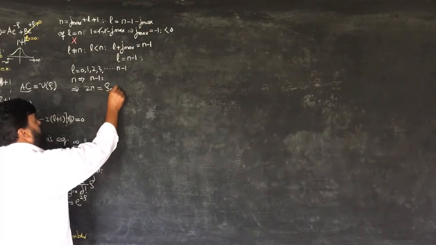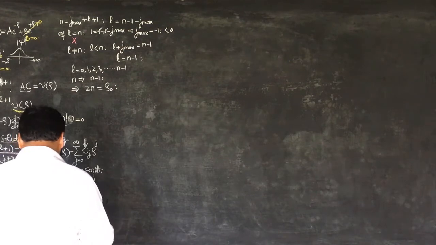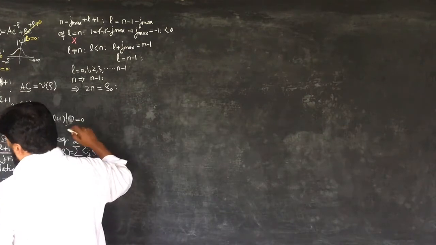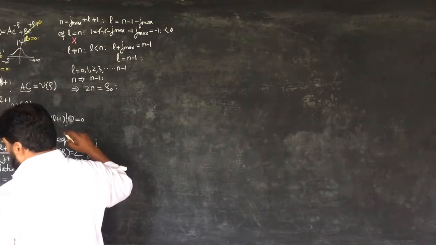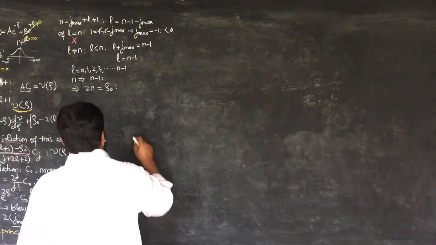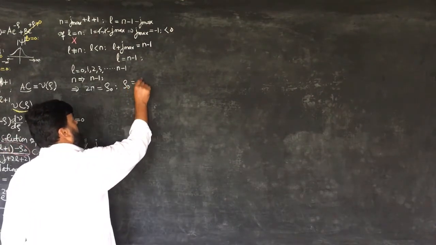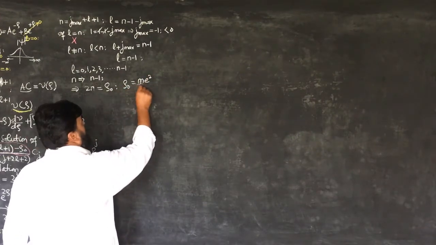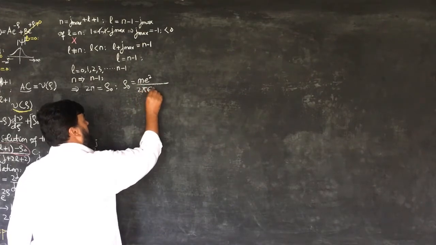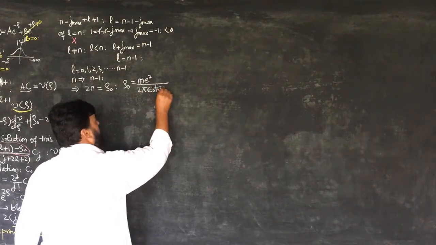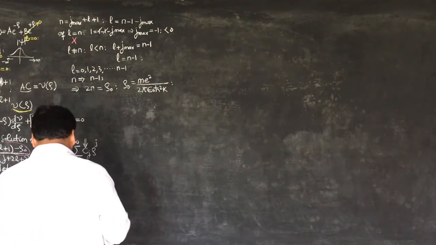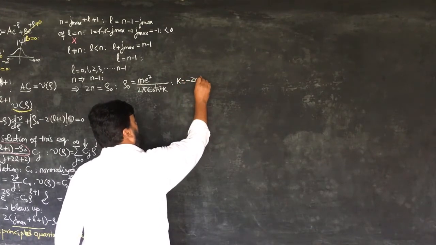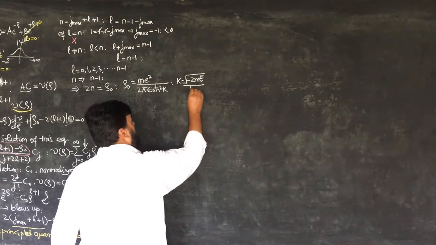Now I will have to put the value of rho naught, and rho naught I have supposed is equal to m e square divided by 2 pi epsilon naught h bar square k, where k was equal to minus 2 m E over h bar.